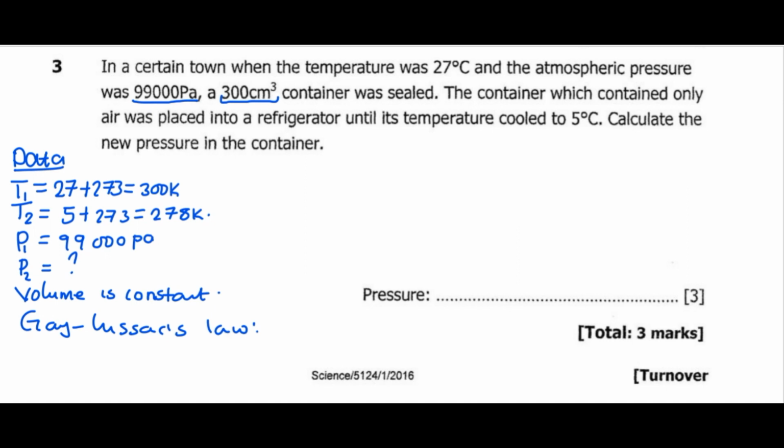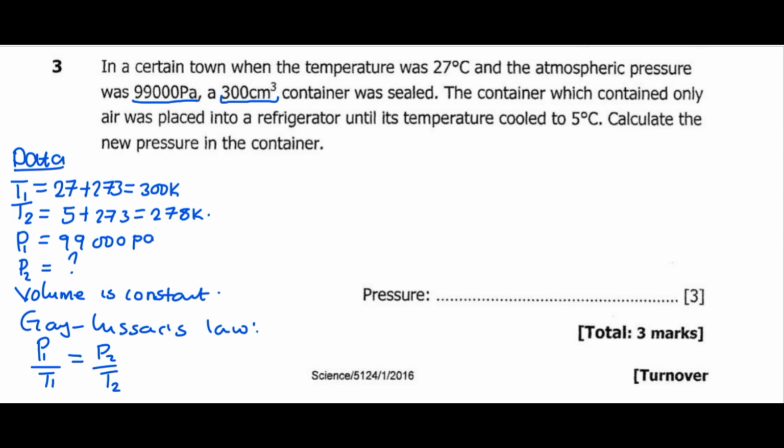So the relationship between the temperature and pressure is that these two are directly proportional. If one factor decreases, then the other factor must also decrease. The formula under Gay-Lussac's law is pressure 1 over temperature 1 is equal to pressure 2 over temperature 2.